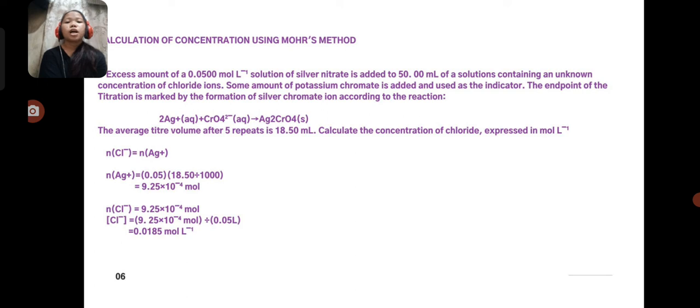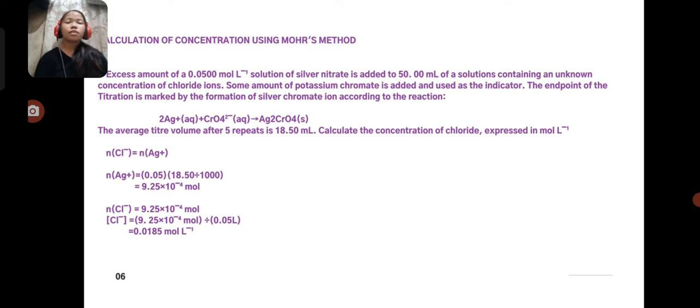So let's proceed to calculating the concentration of chloride ions. In finding the concentration of chloride ions, we need to use the number of moles of chloride ions, and it should be divided by the volume of the unknown solution with unknown concentration of chloride ions, which is 0.05 liters.